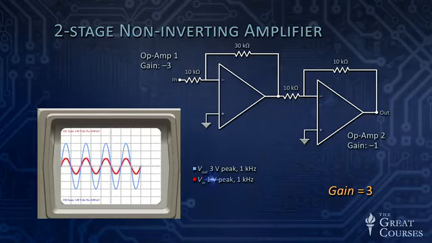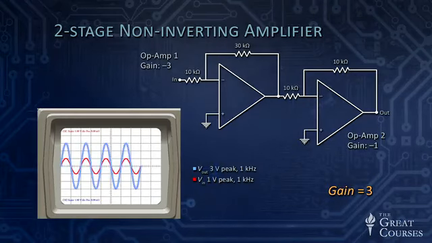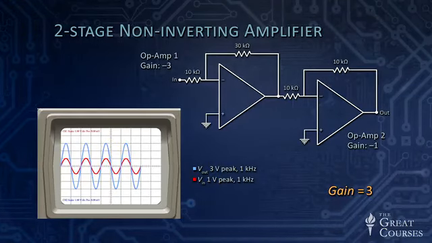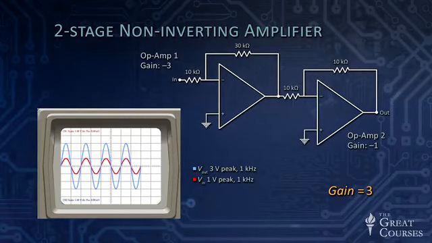You see in the red curve the input, and you see the output is in phase with it. That is, they peak together, it's not inverting, and you see that the output is 3 times the input. And so we have a 2-stage non-inverting amplifier with a gain of +3, which is the same as saying it's not inverting.